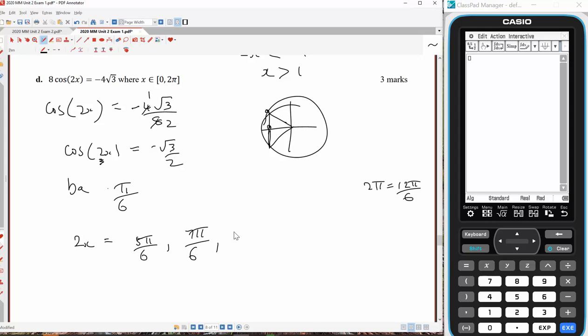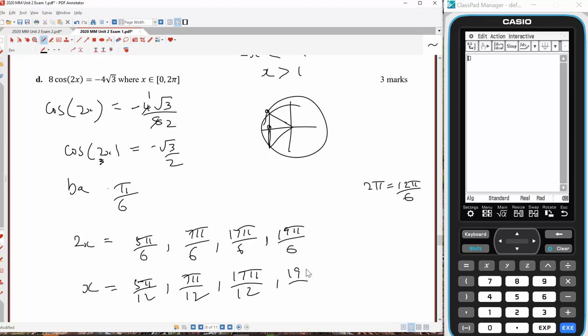So that's going to be 17 pi on 6, 19 pi on 6, then divide those solutions by 2: 5 pi on 12, 7 pi on 12, 17 pi on 12, 19 pi on 12.